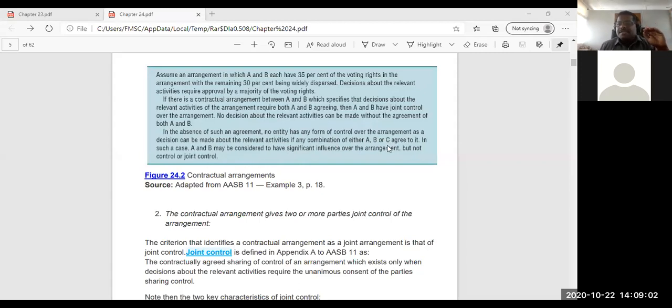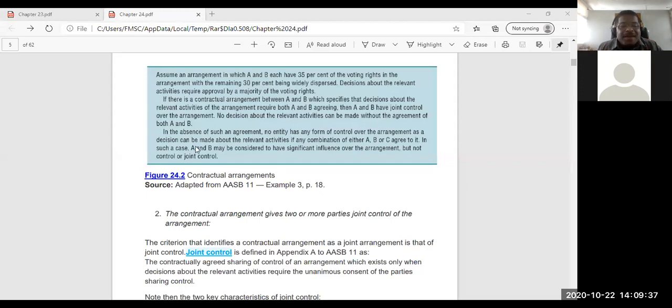What I'm trying to say is that now A has 35, B has 35, other parties have 30%, say C. A, B, C: A has 35, B has 35, C has 30. If the agreement says that when finalizing a decision, 2/3 is required, then it is not a joint arrangement, not joint control.